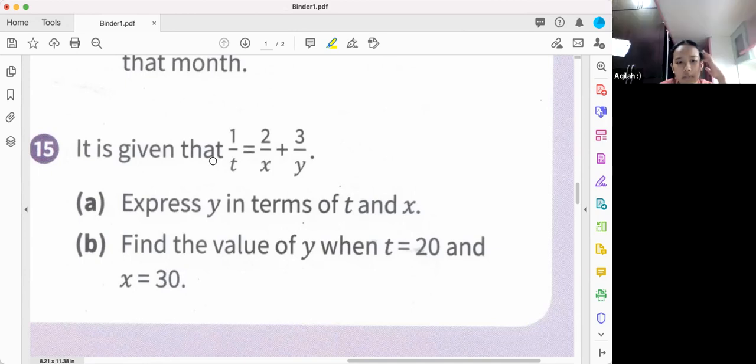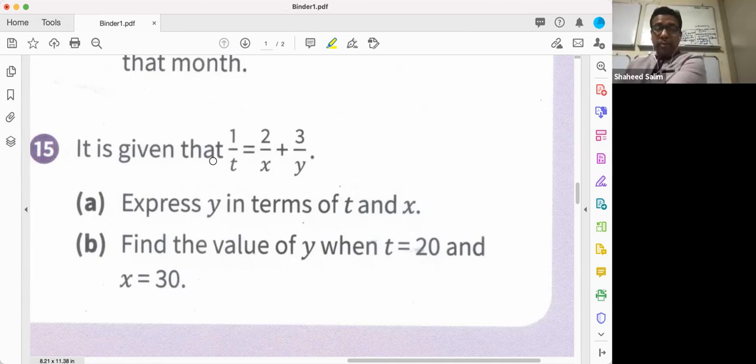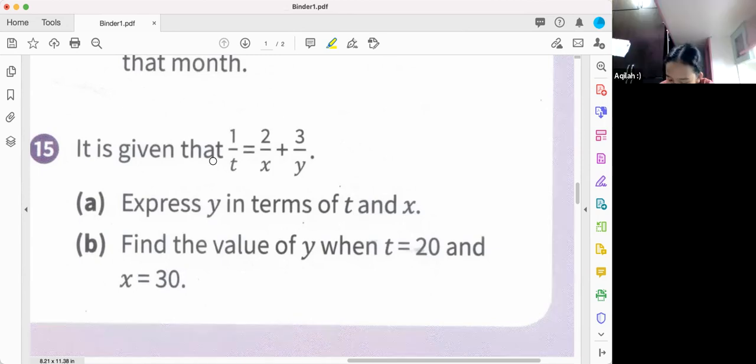So is it kind of like make y the subject? Ah, yes. You are supposed to make y the subject. Do you know how to do that? You must bring y over to the other side. Try.